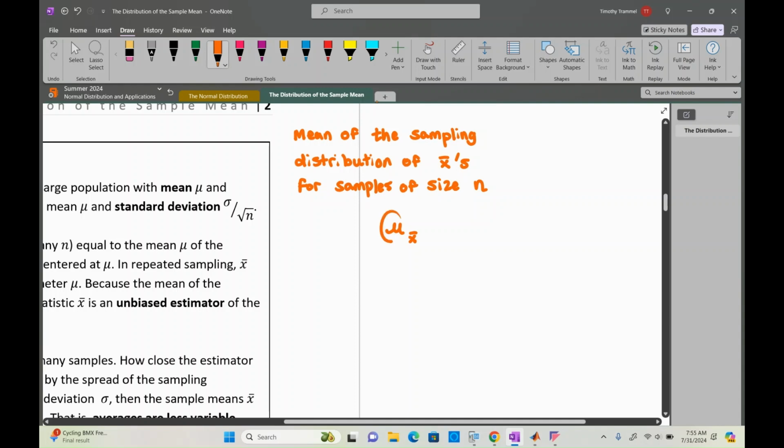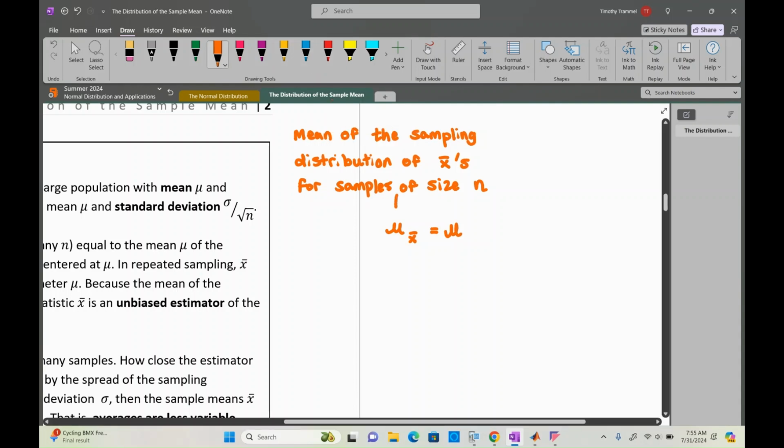So this is letting us know that we are finding the population mean of all of the X bars. And it ends up that this is equal to just the mean of the population.